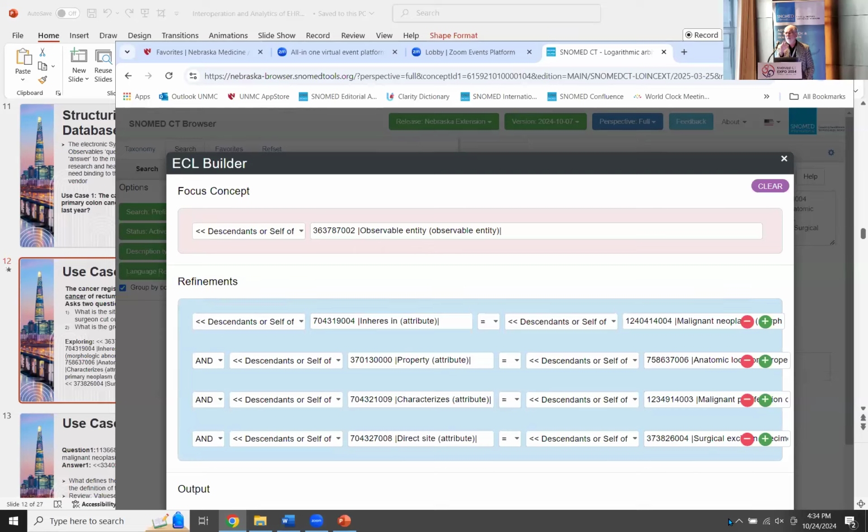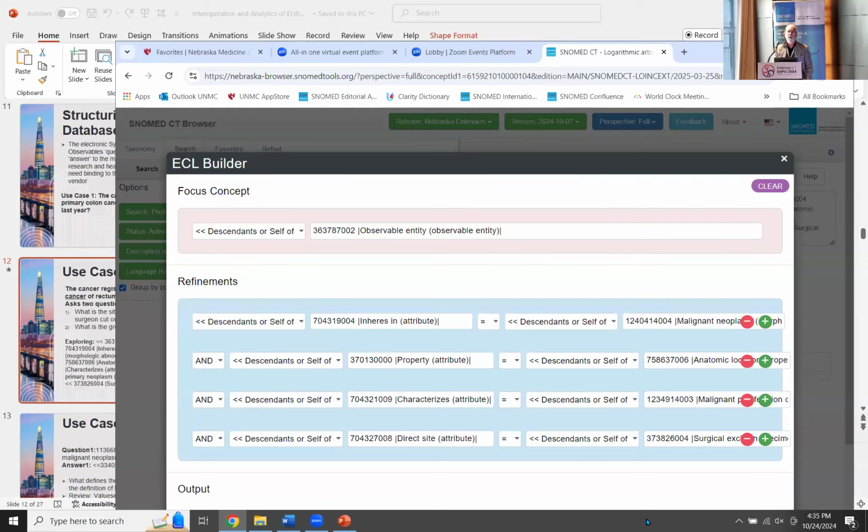You know, they're indistinguishable, okay? But in this particular case, we're looking at a malignant neoplasm that was removed from the patient, surgically excised, okay? And it also has a feature that this observation characterizes the malignant proliferation process of the neoplasm.